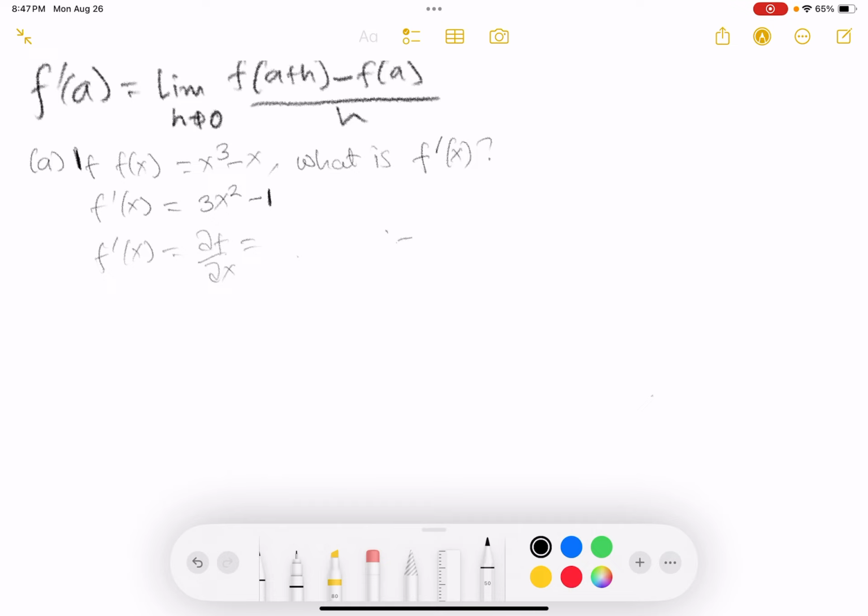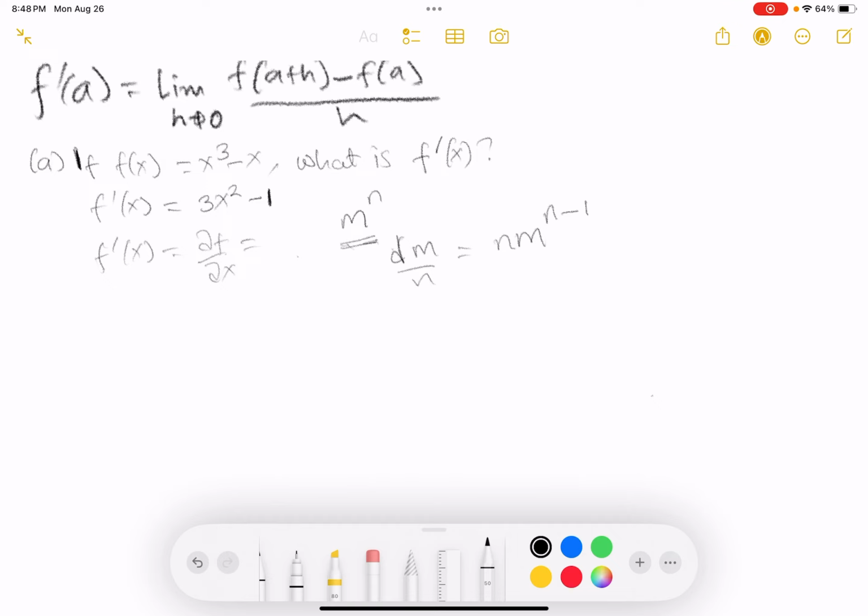If you had, for instance, a somewhat different function, m to the power n, the derivative of dm with respect to n is given by m to the power n minus 1 times that n. So that's how you find the derivative.